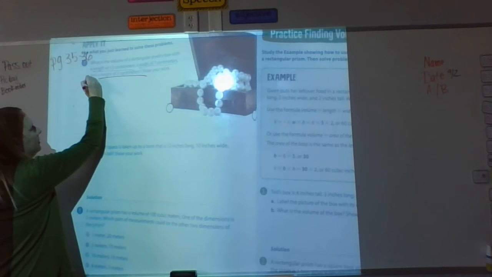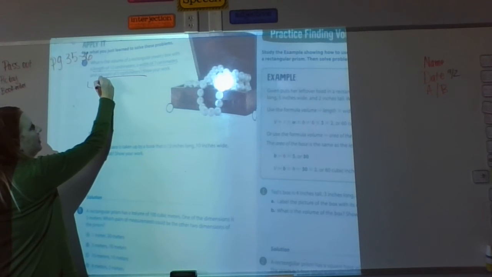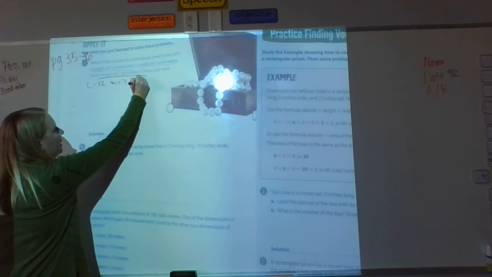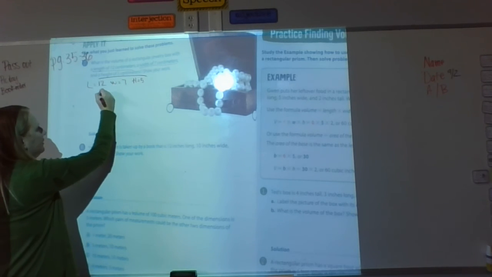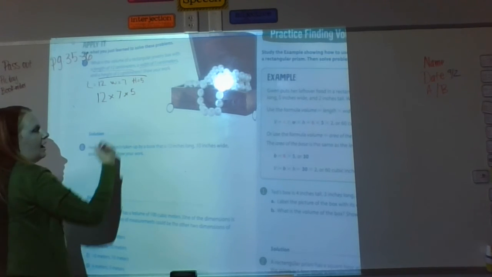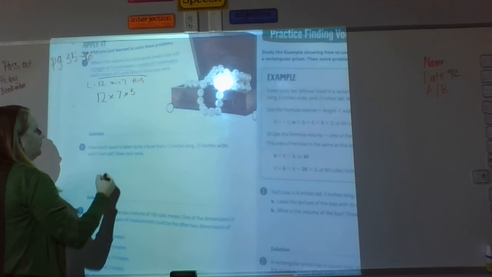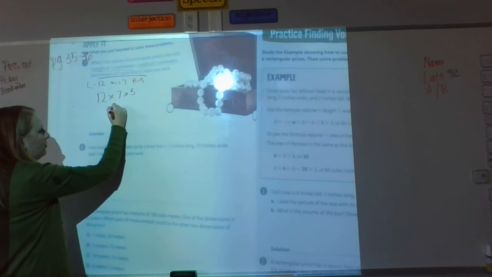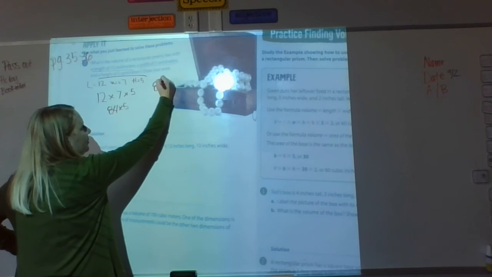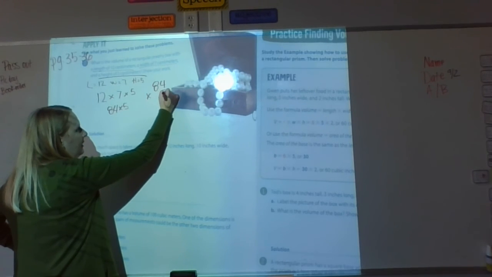Well, we know length, width, and height. Let's do our formula. Length times width times height. 12 times 7 is 84. Then you have to times that by 5. It's a big number to multiply, so you can set it up like this.